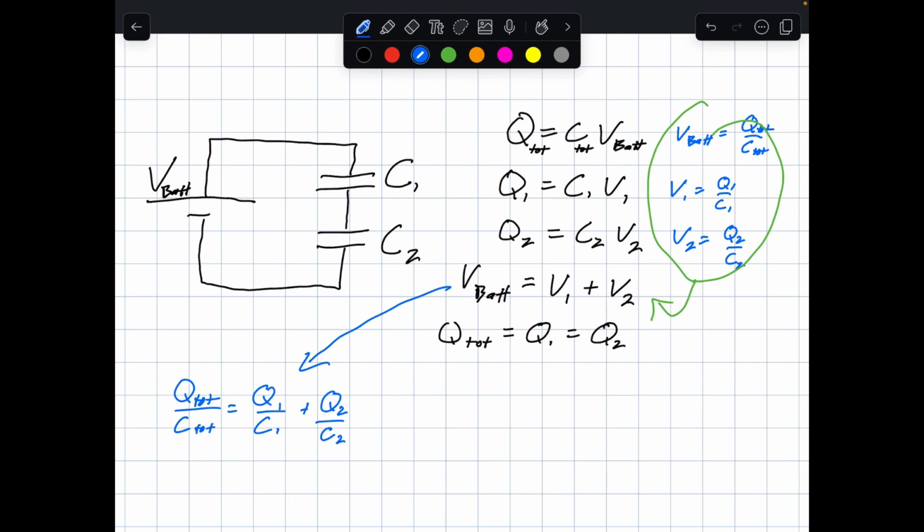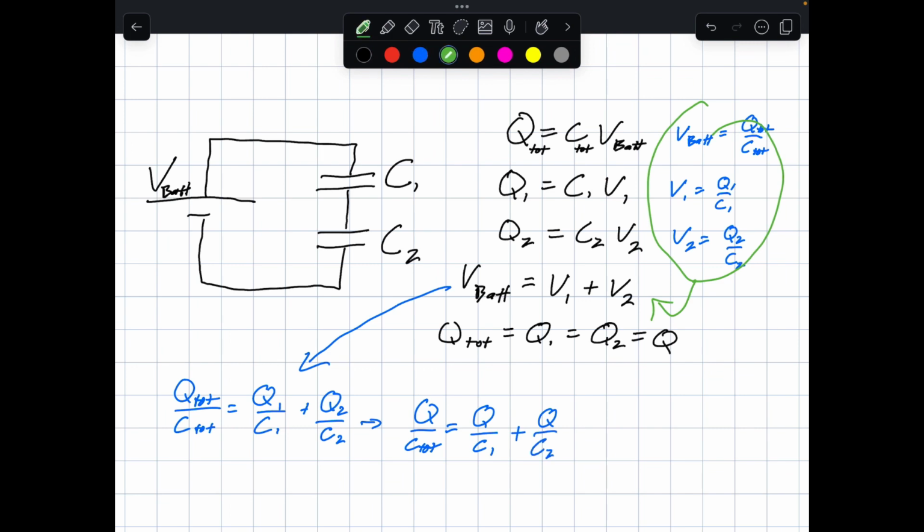Great. Now, the thing is, all the Q's are equal to each other. Q total equals Q1 equals Q2 equals Q. So I can just rewrite this equation now. Q over C total equals Q over C1 plus Q over C2.